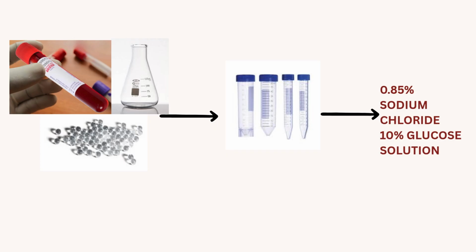So label 8 sterile screw cap tubes from numbers 1 to 8. And then place 2 ml of the patient's defibrinated blood into test tubes 1, 2, 3, and 4. Place the remainder of the patient's defibrinated blood in an empty sterile screw cap tube and centrifuge at 1,500 times gravity for 10 minutes.